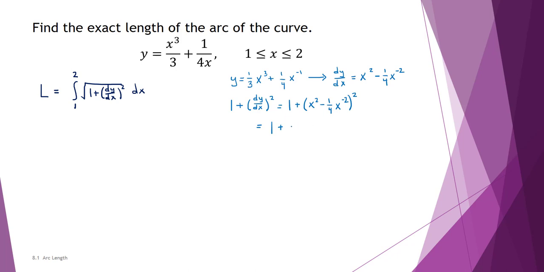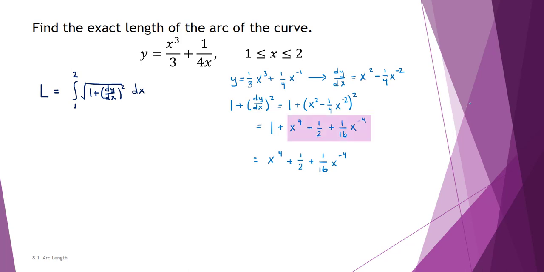Foiling out, we get 1 plus x to the 4th minus 1/2 plus 1/16 x to the negative 4. Now we can combine the 1 and the negative 1/2 to get x to the 4th plus 1/2 plus 1/16 x to the negative 4th.